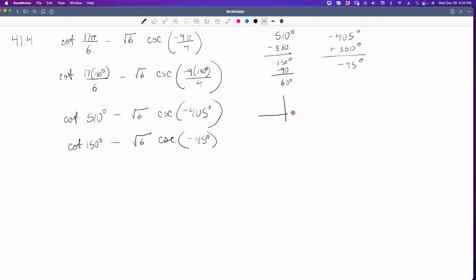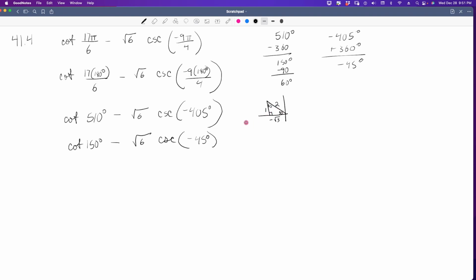It's going to be 90 and then 60 more, which means that relative to the x-axis is the 30 degree, and this is the 60 degree, this is the 90 degree. So we have a hypotenuse of 2, we have a square root of 3 here, and we have a 1 here. The square root of 3 is the only thing that's negative. So there are our values.